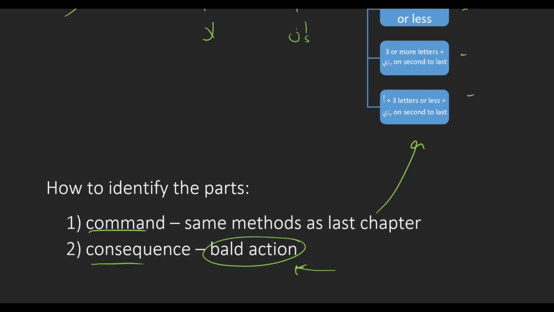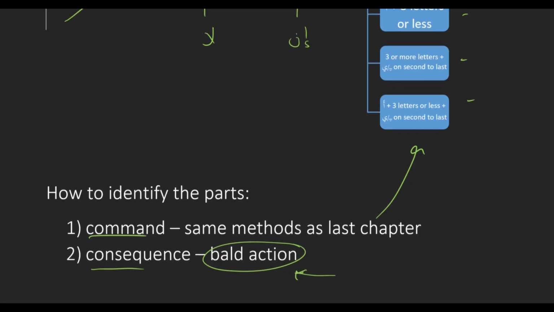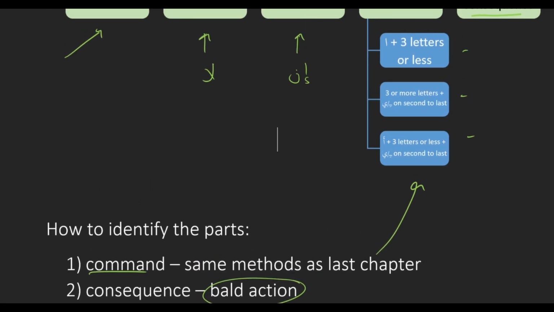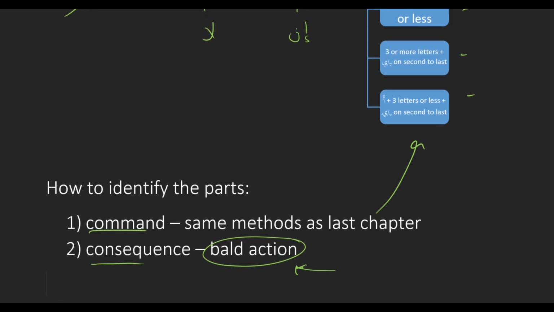With everything else, you have something coming right before it that's making it bald, and you'll see that right away. But with command consequence, the consequence is just a bald action. There's no word right before it, like in or la or a shaving word, and it doesn't follow a specific pattern like commands. So you might miss it. That's a caution there.